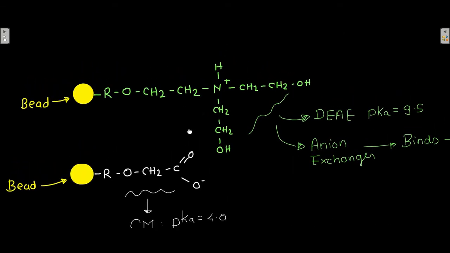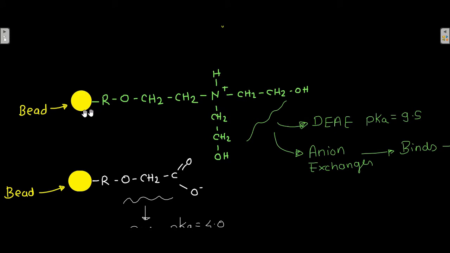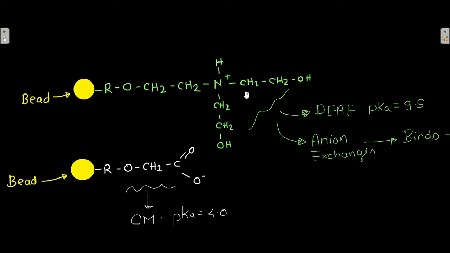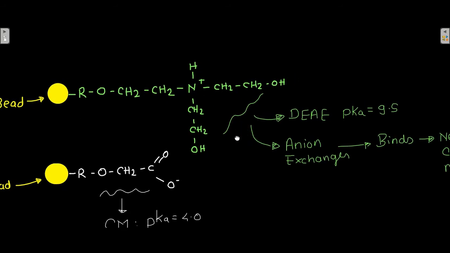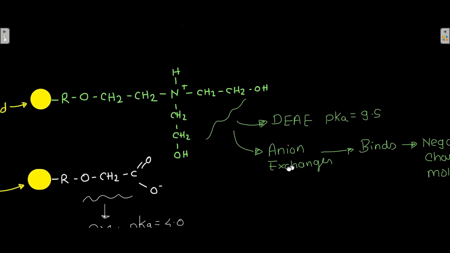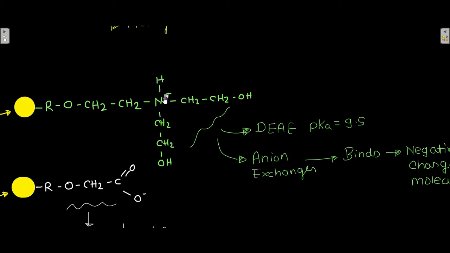So consider this. This is the bead, this is your matrix, and to that matrix this functional group is attached. Now this functional group is known as DEAE, and because of the presence of this functional group, this ion exchanger becomes an anion exchanger, because as you can see there is a positive charge here.